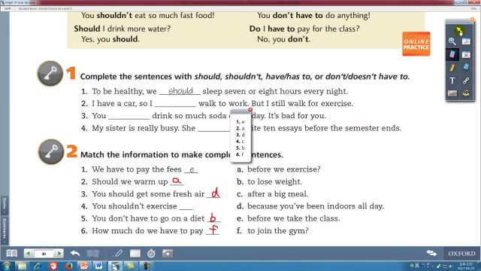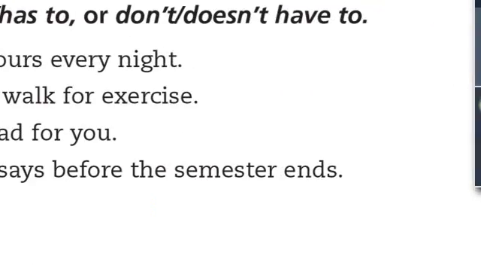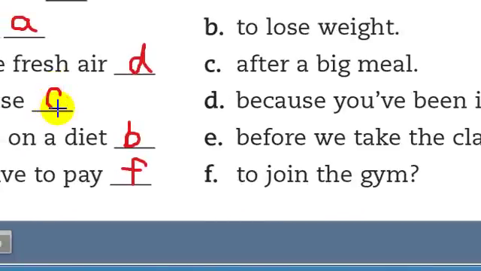Goodness gracious, I would have gotten that wrong. Can you believe that? So I guess this would be C, which is kind of strange because I usually go for long walks after big meals anyway, so it's kind of exercise. Weird. Anyway, there are your answers right there.